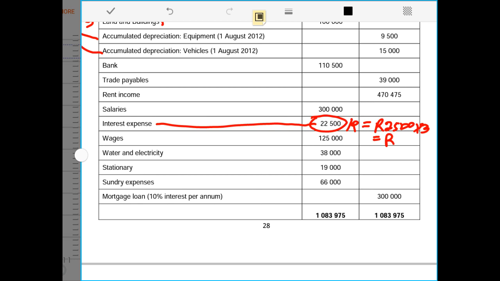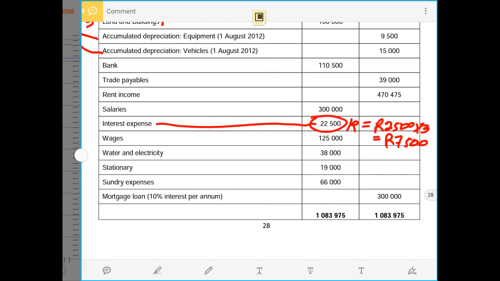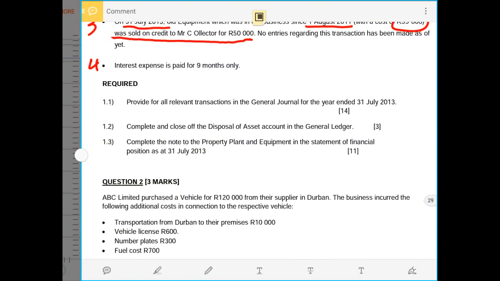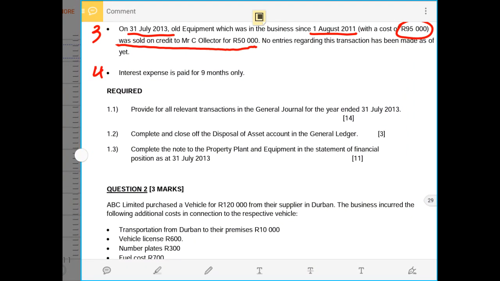So now we times that by 3, that will give us 7,500 rands. So that will be the accrued interest expense. I will just repeat it to you again when we go to the requirement for that interest. Now let me just go to what is required and check what we can do.